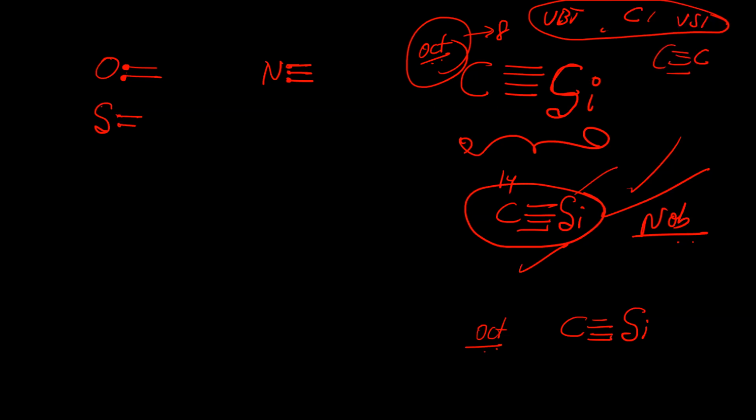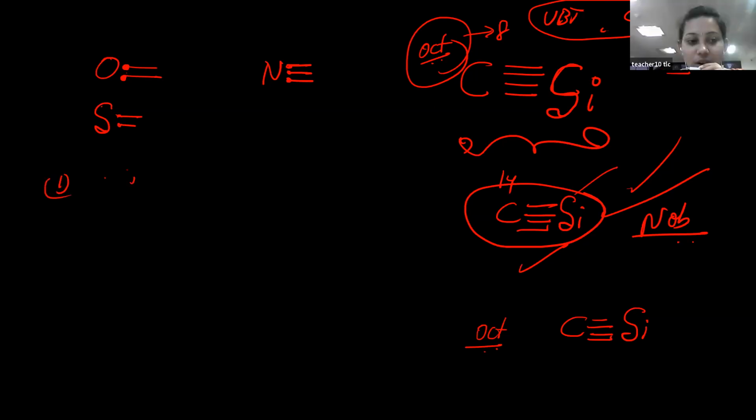The general rule is that you have to satisfy the octet rule. But there are some species with an odd number of electrons, and even though the compound contains an odd number of electrons, it is stable.